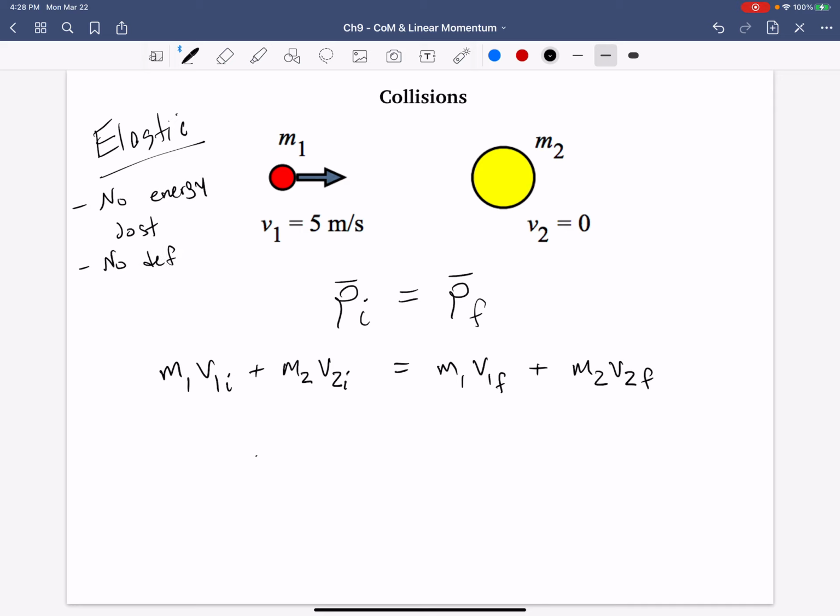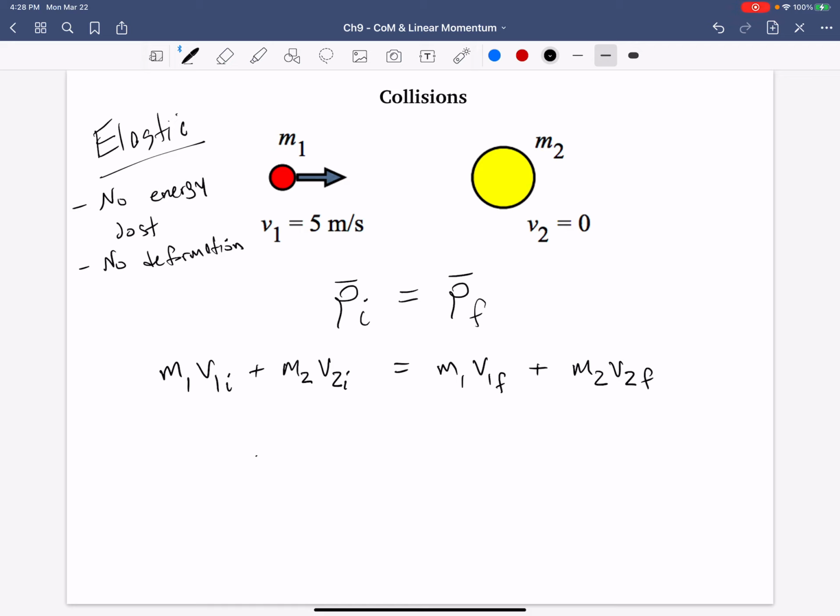So no deformation. If they did deform, the objects would heat up a little bit, which is a place where the energy could go. But we'll talk about that momentarily with inelastic collisions.